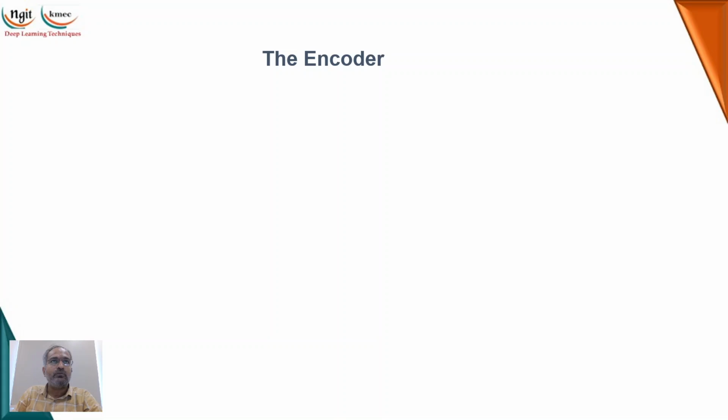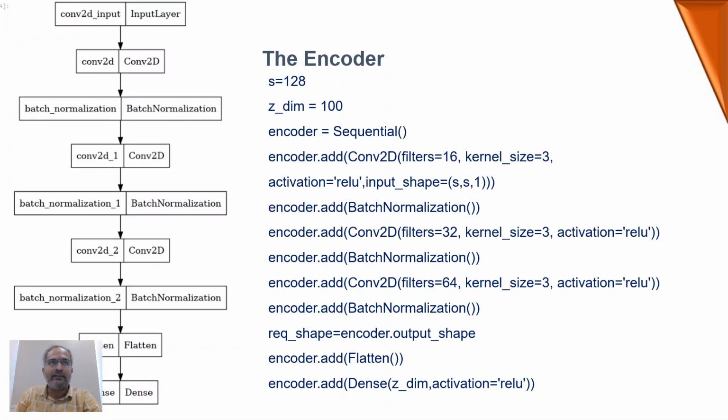Now, how can we implement the encoder? It is like our regular neural network concept only. We just specify the z dimension. Z dimension is the representation vector. Let's say the representation vector size is 100, I am taking.